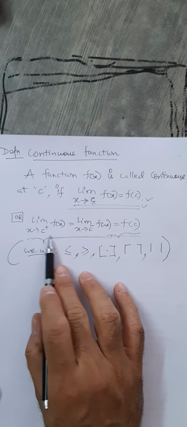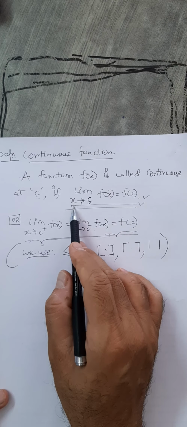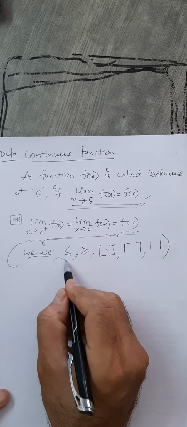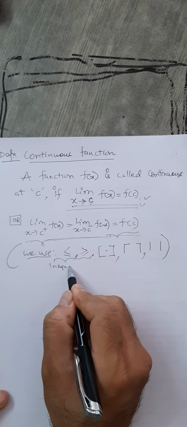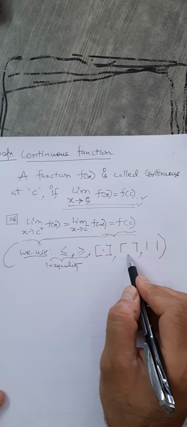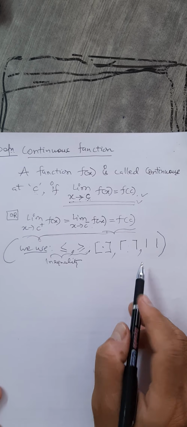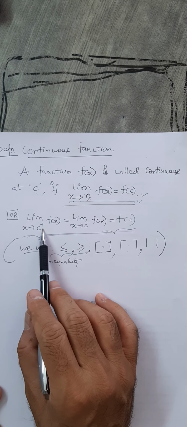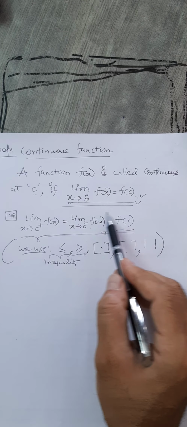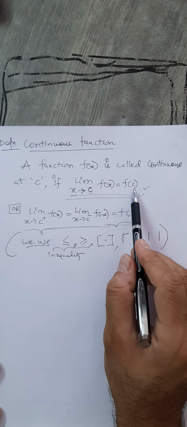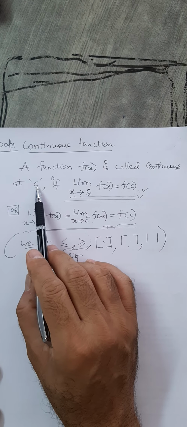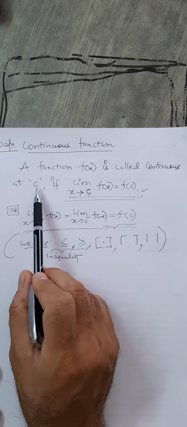Then we prefer these LHS and RHS limits, otherwise we go directly to the first definition. This much only we are going to check. This is continuity at one point only, remember. You are checking at one fixed point, c here.